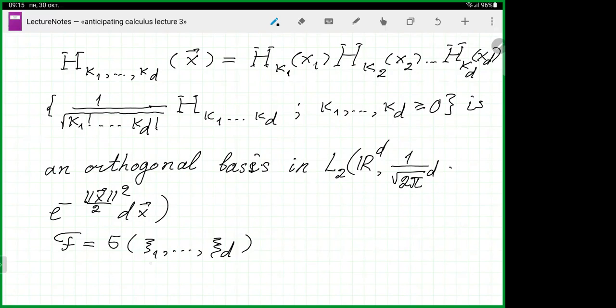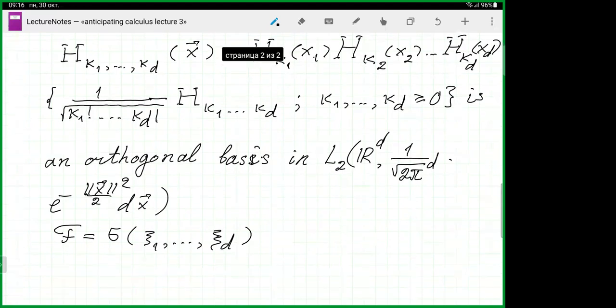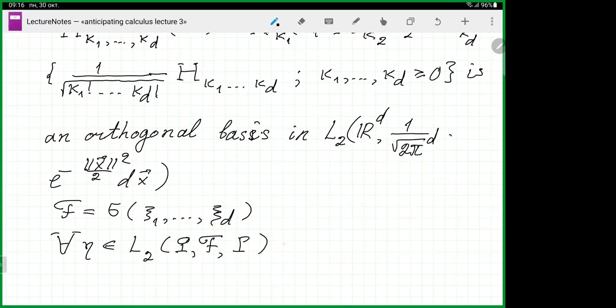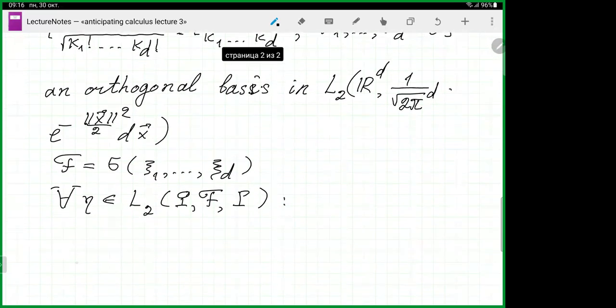Let me remind you that we consider the finite case, when we have just a finite number of initial Gaussian random variables. Then for any eta which belongs to L2(Omega, F, P), we have the following unique expansion.